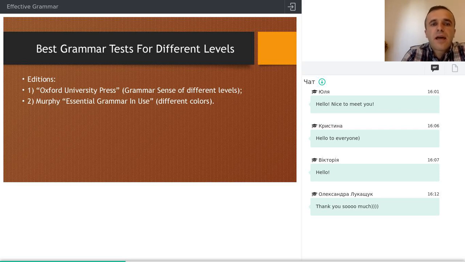There are 4 levels in Grammar Sense at Oxford University Press edition, so you can use 4 folders. And if you want something extra, you know, this edition, Murphy, Essential Grammar in Use, you can also give them some exercises from these books.